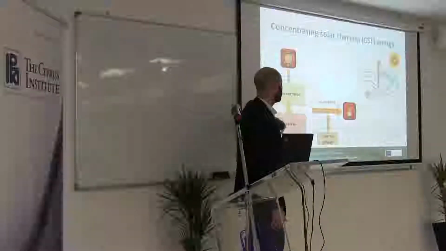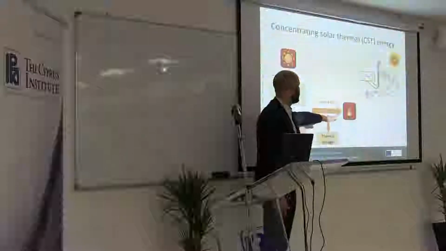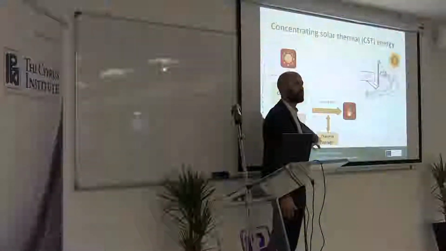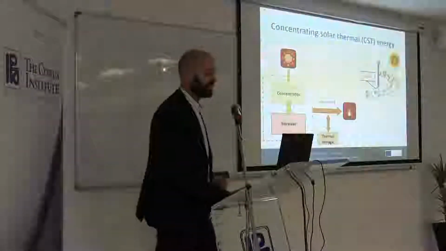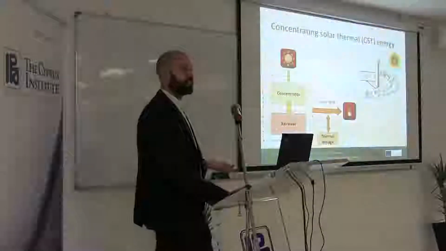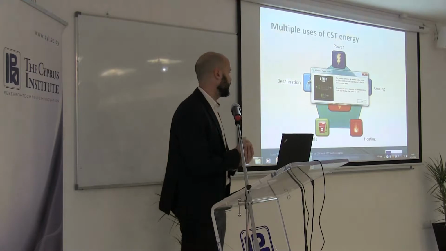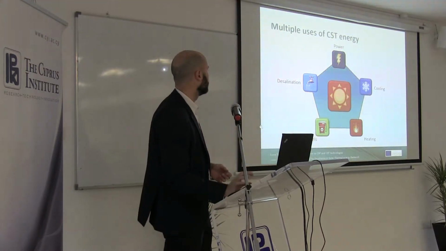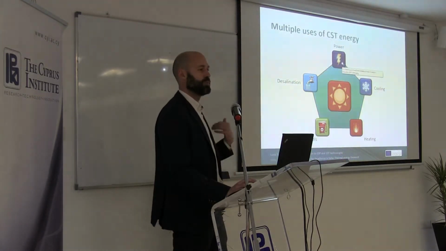Then we move the heat collected. This is basically the solar field. This way we produce solar heat, and you will see we also have the possibility of having thermal storage in this scheme. So what do we do with this high temperature solar heat? We have a range of possible applications. Here I've just summarized some, the most important of which today is producing power.